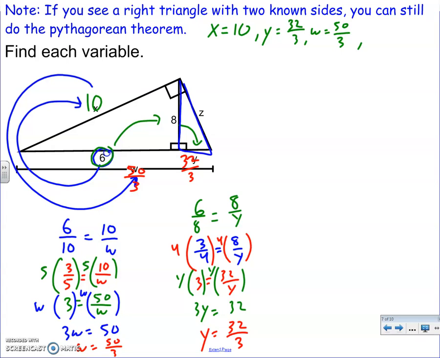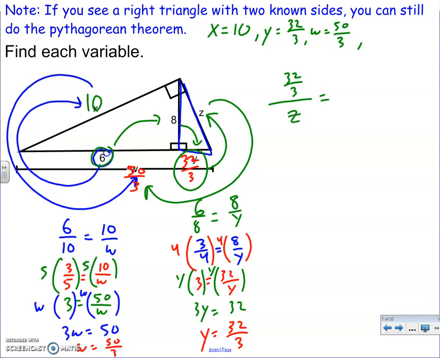I don't have to. Or I could just do the right mustache, your choice. I'll do the right mustache. Or actually, you can do the Pythagorean theorem for the entire giant thing. But I'll do 32 over 3 to z, z to 50 over 3. 32 over 3 over z equals z over 50 over 3.